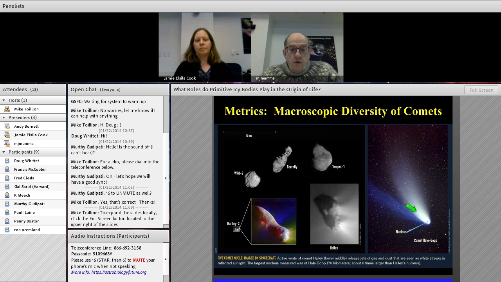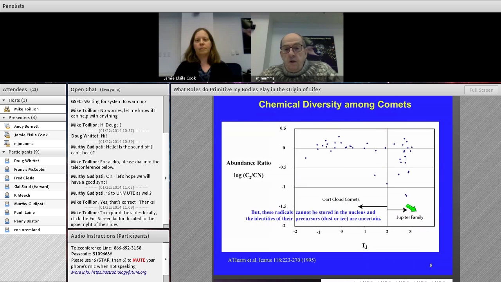So what instead one needs to do is to begin to look at the chemicals of which these objects are made. And one of the first clues that was quantitatively derived, a taxonomy, if you like, was based not on the primary or native volatiles from which comets are composed, because when this work was done, it was not possible to measure those.